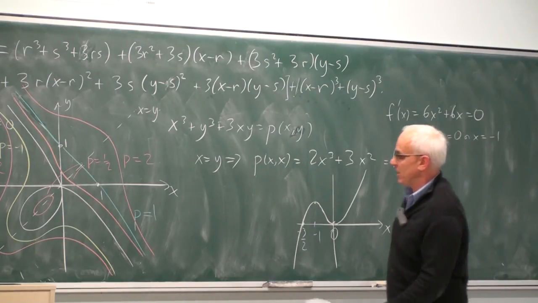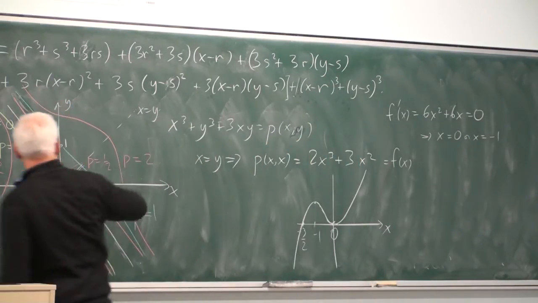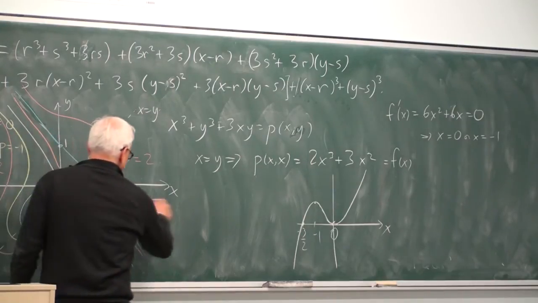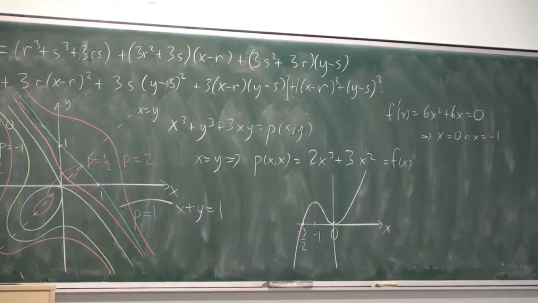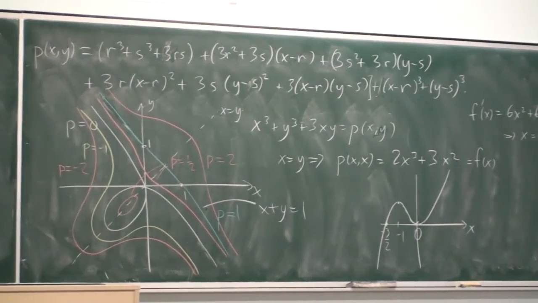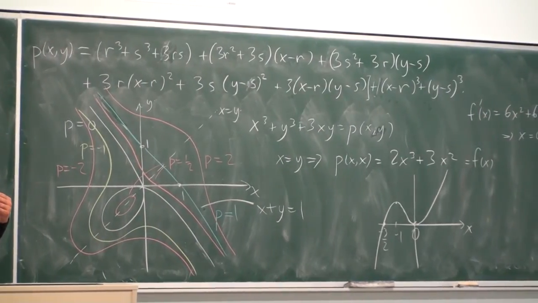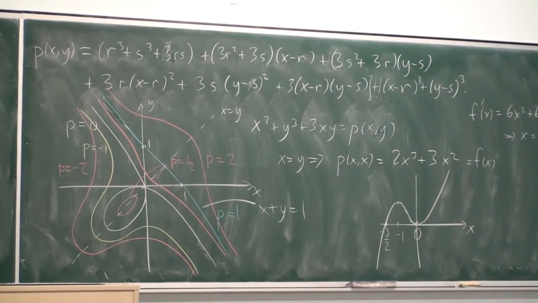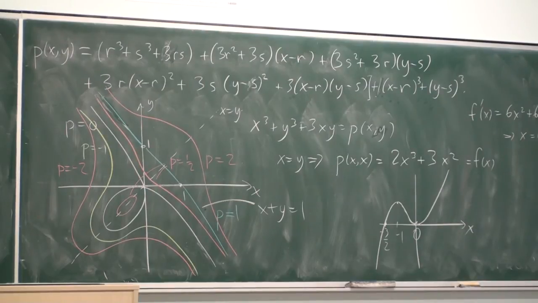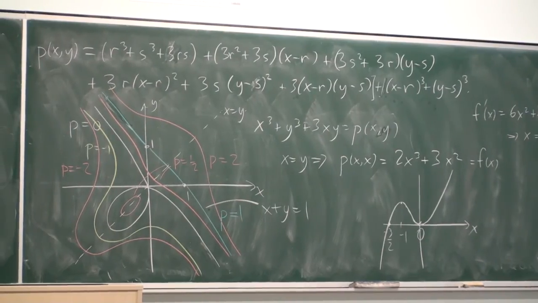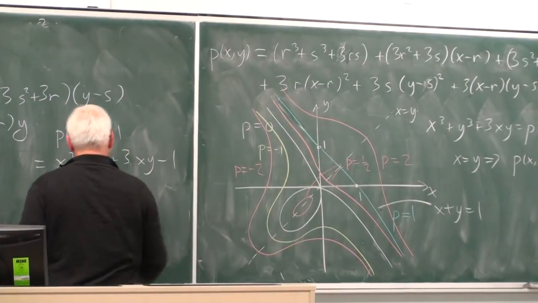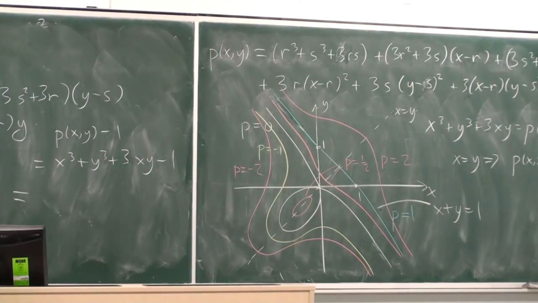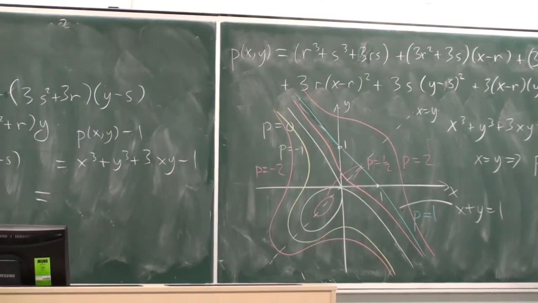One thing that's quite interesting is this line, the blue one, the line x plus y equals 1. You might ask, is that really a line that's lying in the cubic? If we look at p of x, y minus 1, that's x cubed plus y cubed plus 3xy minus 1. It's not entirely obvious, but this thing factors.